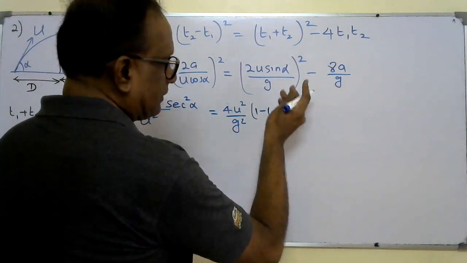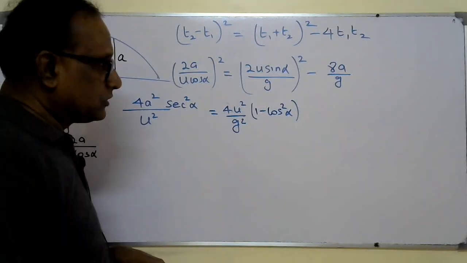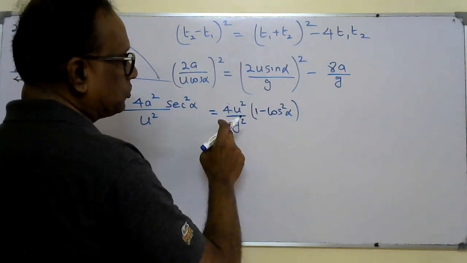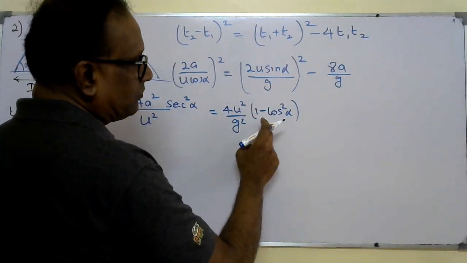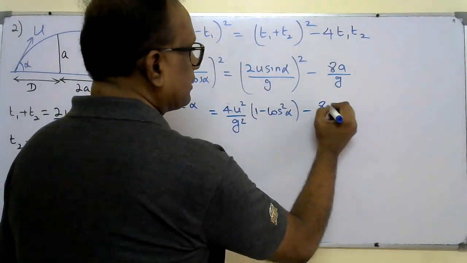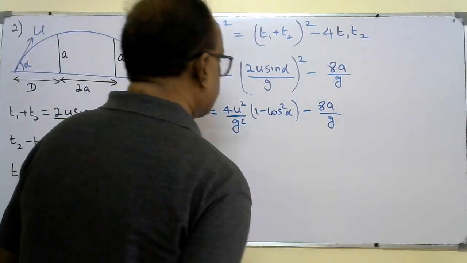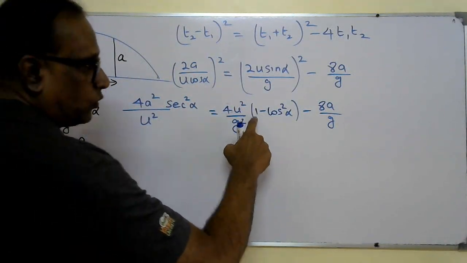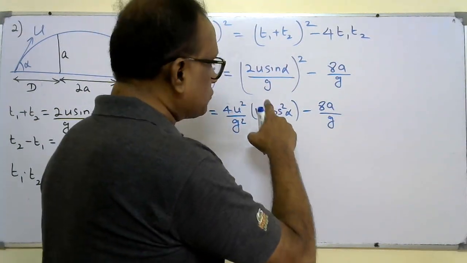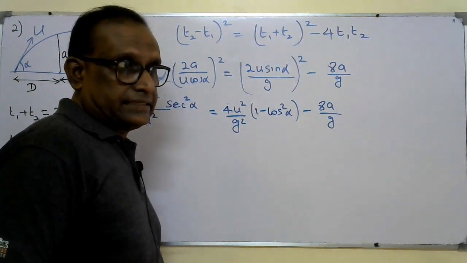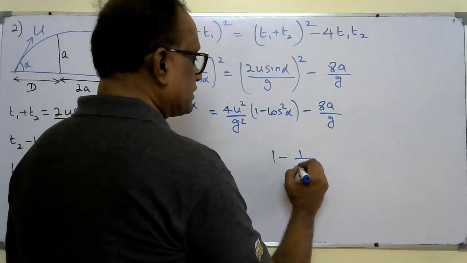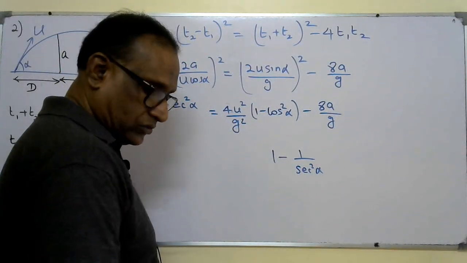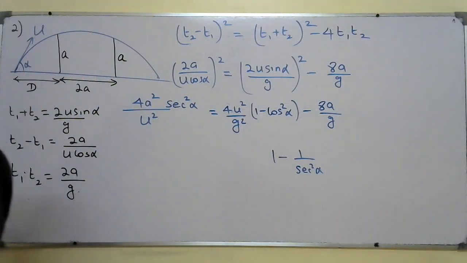I can write it, but too many steps, so to reduce it, I wrote everything: 4u squared over g squared, sin squared alpha, 1 minus cos squared alpha, minus 8a over g. Okay, so this 1 minus cos squared alpha I can say as 1 minus 1 over sec squared alpha. I can write that. Right, okay, so I'll continue that way.